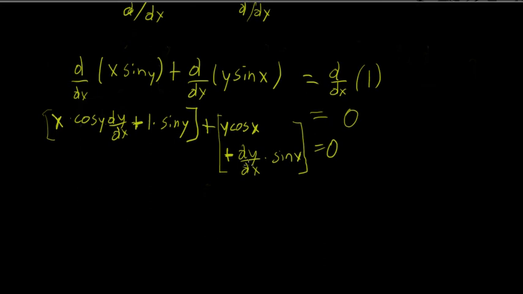Now we collect the dy dx terms on one side. So from here we have x times the cosine of y multiplied by dy dx, and here we just have sine of x.